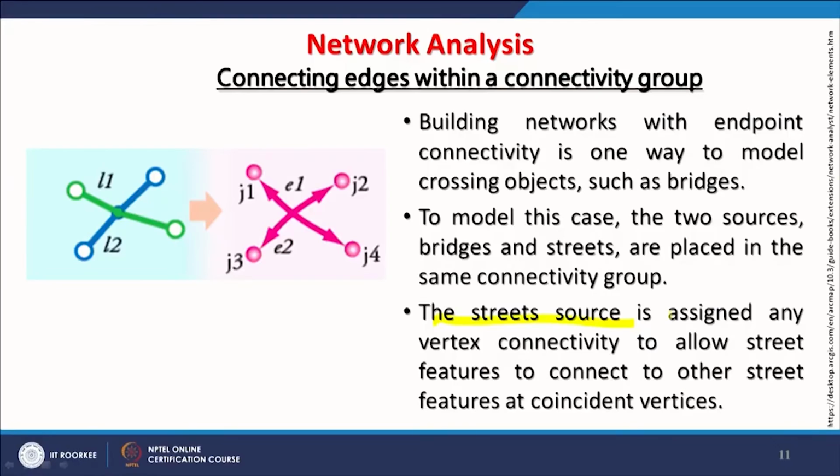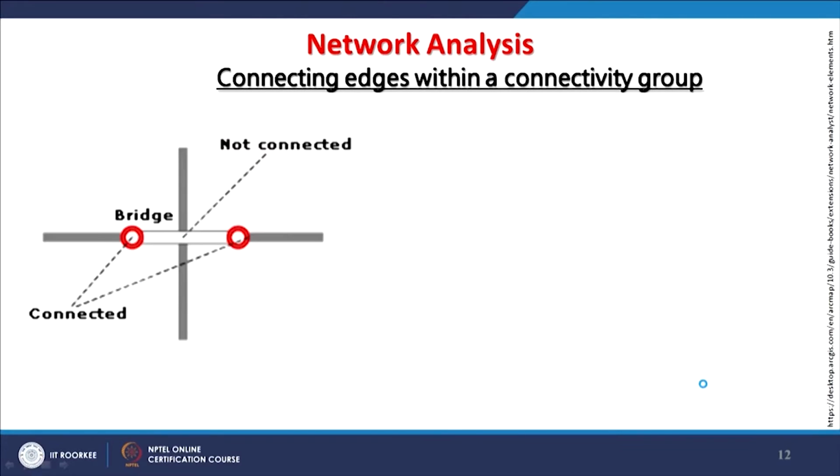Now, in case a street source is assigned vertex connectivity, it allows a street feature to connect to other street features at coincident vertices. Coincident vertices basically are the junctions. Coincident vertices will make the junction. In case of roads it is a little simpler, because in case of metros, sometimes metros are running at different depths underground.